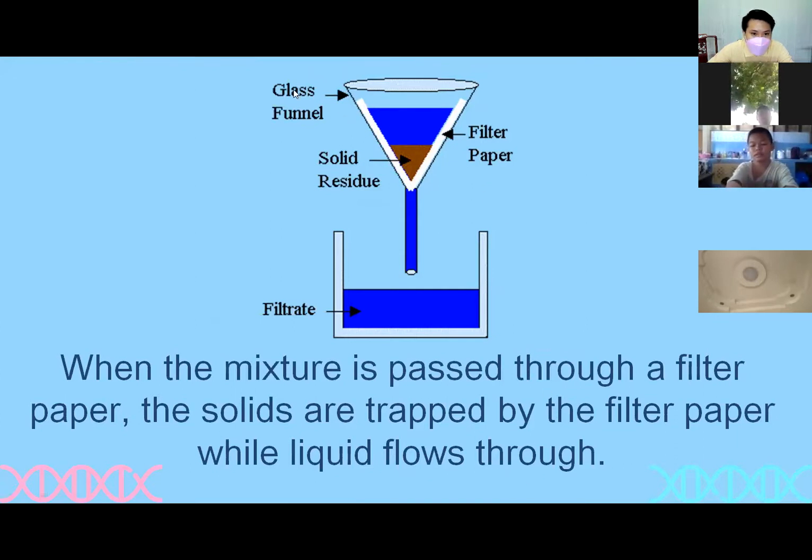So in the glass funnel, you put the water, the solid residue stays here, and then the water goes down. So this is the water. Understand? The blue color is the water. And then this is the solid residue, or what we call the mud. Okay? Good? Are we good?